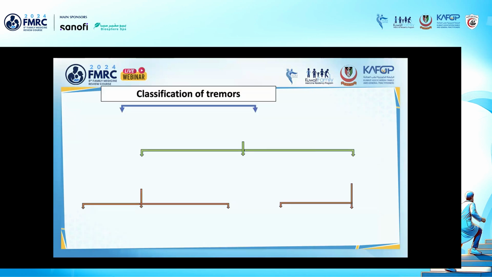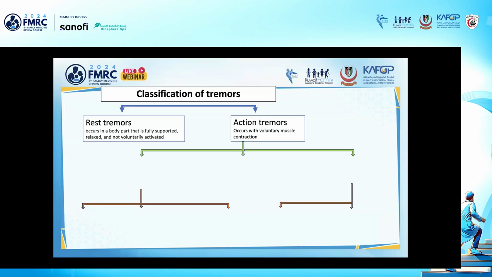There are many different classifications of tremors, but the most common classification is to divide them between rest tremors and action tremors. What are rest tremors? As the name implies, it occurs in body parts when they are fully supported, relaxed, and not voluntarily activated. So they occur when the limb is resting.